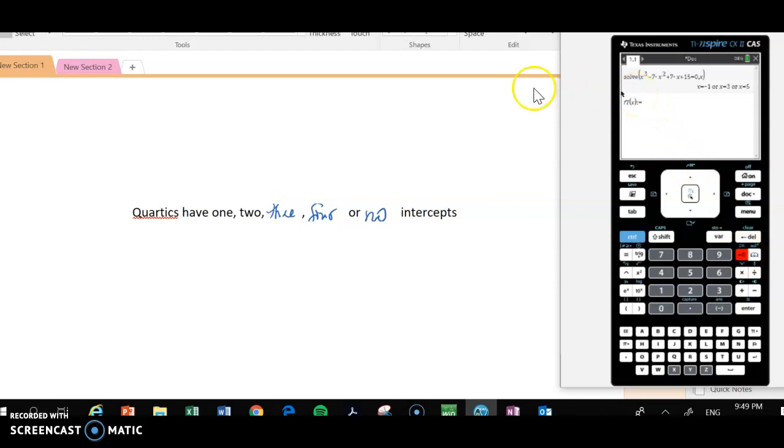Now I'm going to type in my function, which is 2x to the power 4. So it's a quartic. Cursor across, plus 3x cubed, again using the caret. Cursor across, minus 12x squared.